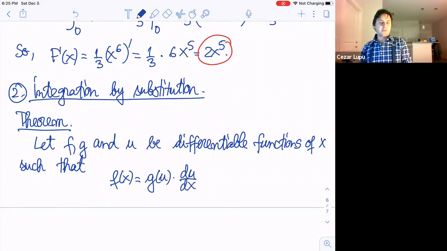So we take the derivative of u with respect to x. And then we have the following formula.